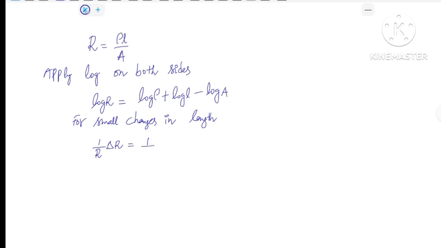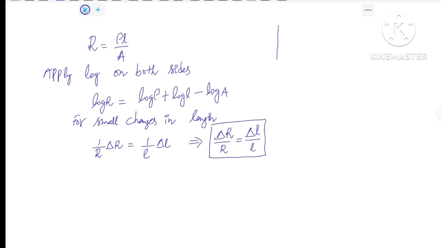It is 1 by L delta L. Therefore, for small changes in length, the change in resistance is given by delta R by R is equal to delta L by L. So this is one observation we can make when we change the length, keeping the area constant, how the change in length affects the change in resistance.